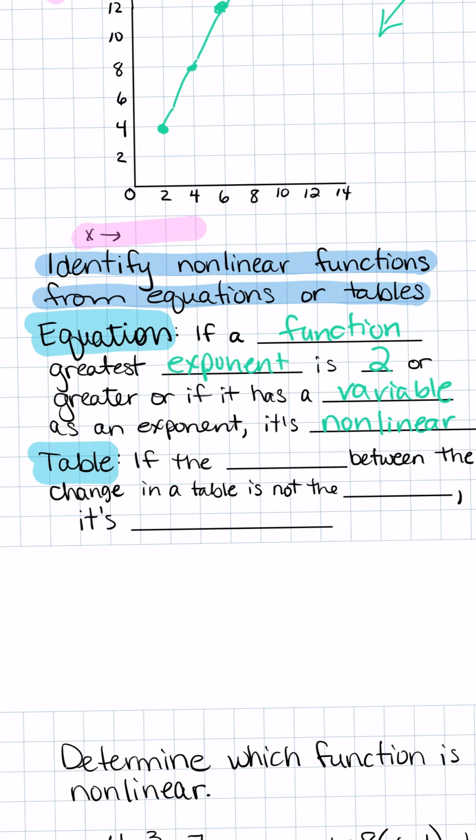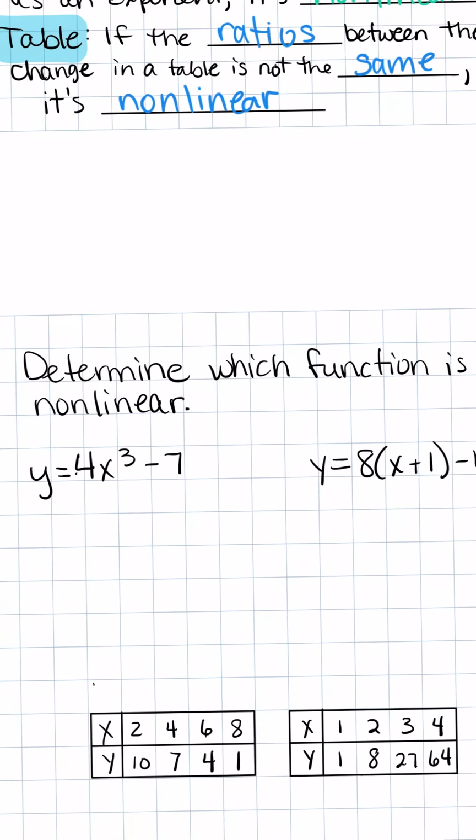If the ratios between the changes in a table are not the same, it's nonlinear. And we touched on this a bit last week.